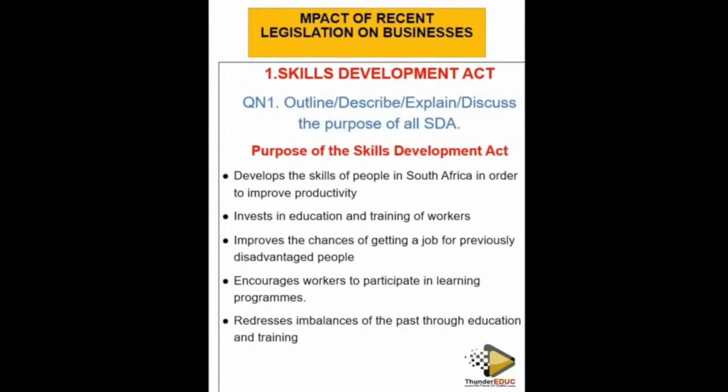So now moving on, this act was established so as to encourage businesses to improve the skills of their workers. What can be the impact when businesses improve the skills of their workers? It means now the rates or the way goods and services were produced, now production is going to be more advanced because now people have new knowledge on how to produce goods and services.